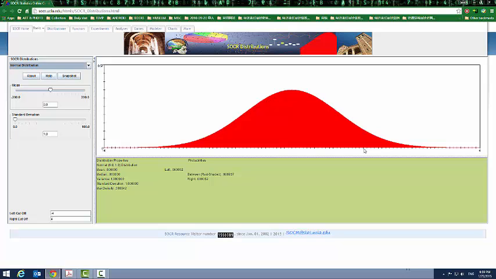And now let's see how much observations lie below our z-score. Okay, so our z-score is minus 0.5, right?